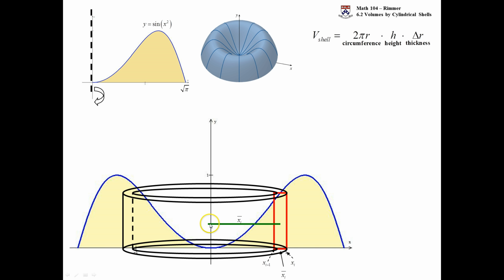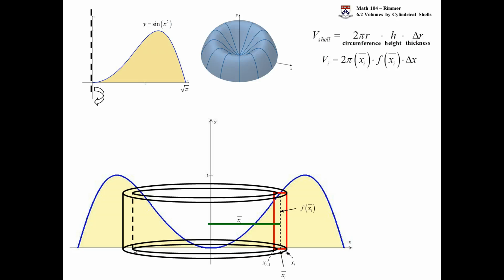So this distance from your axis out to this typical rectangle is going to be called xi bar, and that's the radius. The height of this rectangle is the function evaluated at that xi bar. So we just go up here, figure out how tall it is, and that'll be how tall the shell is. So we have the height being f of xi bar and the radius being xi bar.